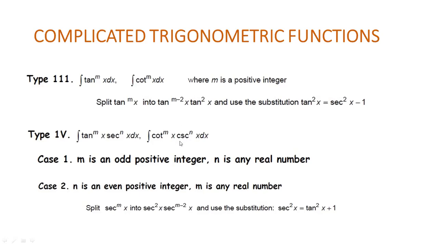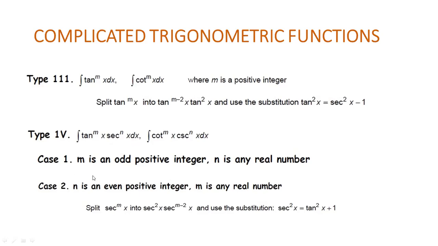Meaning you have to set aside here a cosecant squared x. That way, this cotangent of x raised to m can be processed using the power rule because the derivative of that is negative cosecant squared x. The rest of the cosecant squared here, you need to convert to the cotangent. That way you have a cotangent paired with a cosecant derivative. The same principle you will apply for the tangent and the secant.